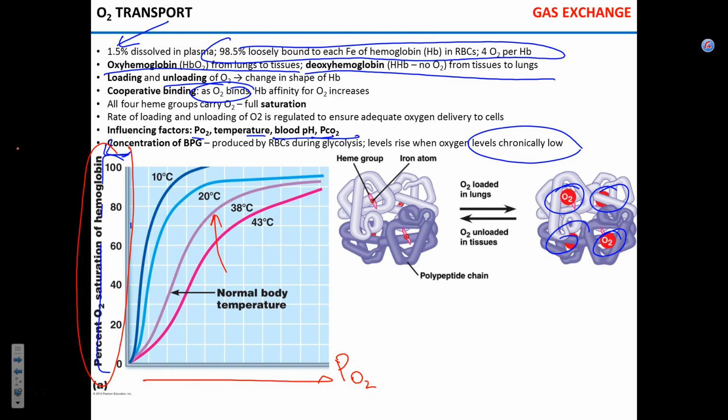Now, I'm going to ask you a super tricky question, which has a very simple answer. That's going to be a why question. Why does this curve, at 38 degrees Celsius body temperature, look like this? And I have that terrible smirk on my face.